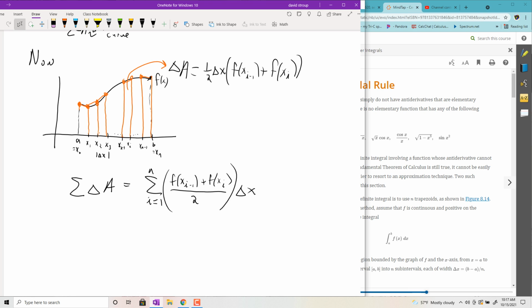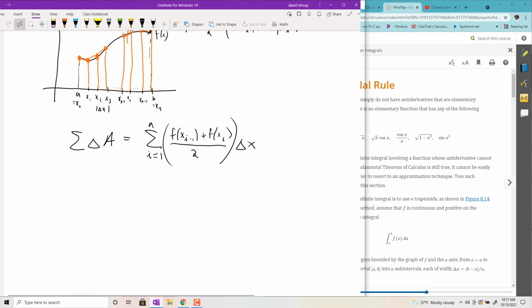We want to expand this and look for a pattern, because we don't want to have to do too much work. So let's expand it and look for a pattern.